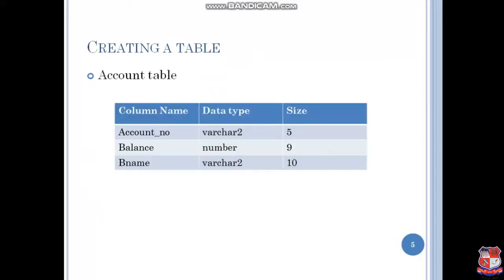Now let us create a table with 3 columns: account number, balance, branch name, with the respective data types of varchar2, number, and varchar2.